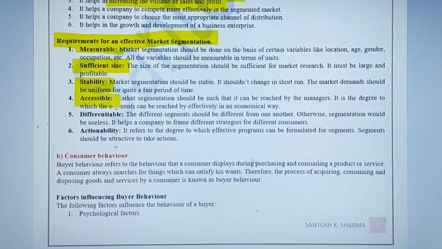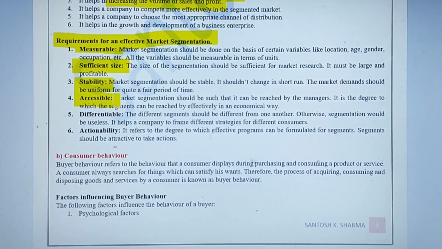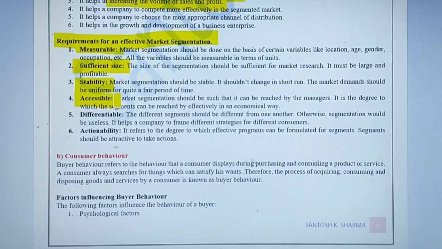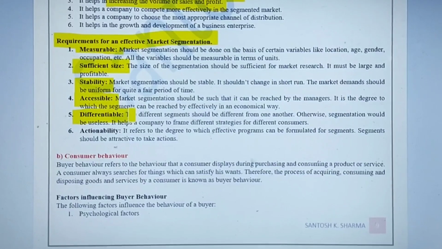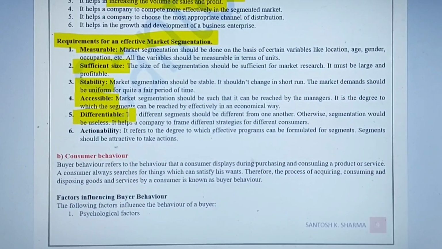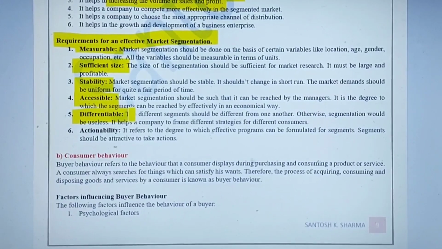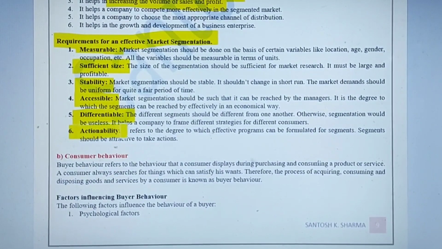This segmentation should be accessible, so that the marketing manager or the marketing researcher can easily access the market and frame the strategy accordingly. It should be differentiable. That means the different segments should be different, they should not be the same. Otherwise, it is difficult to analyze the market. And it should be actionable.